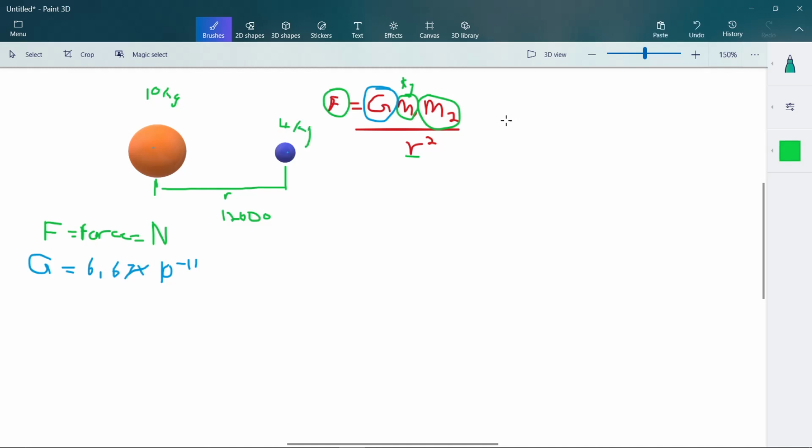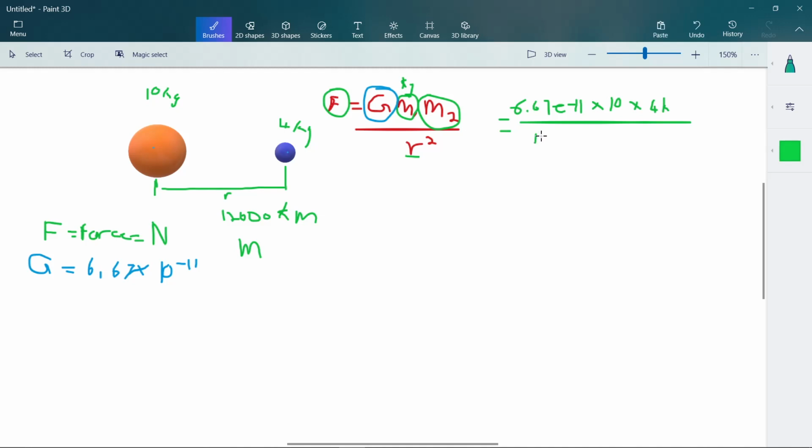So you're just gonna put 6.67 times 10 to the power minus 11, multiplied by the mass of the sun, which will be 10 kg, multiplied by the mass of the earth, which I said is 4 kg, over the square of the distance between them. I said it's 12,000 kilometers, but the SI unit of distance in physics is meters. So you have to convert this 12,000 kilometers into meters.